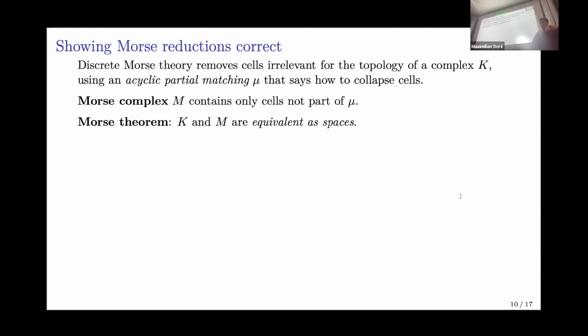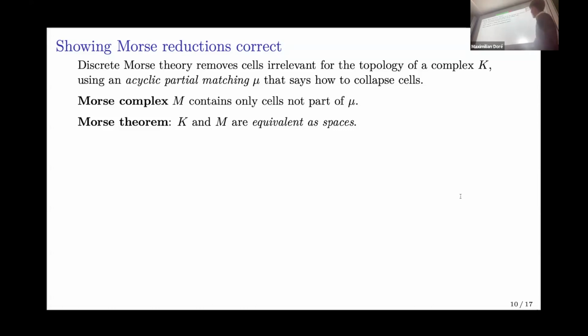And then it also tells you that you're allowed to just look at the smaller one containing only the critical cells, because the smaller complex, the Morse complex M, and the original are equivalent as far as we are concerned. So that's roughly the idea of discrete Morse theory.